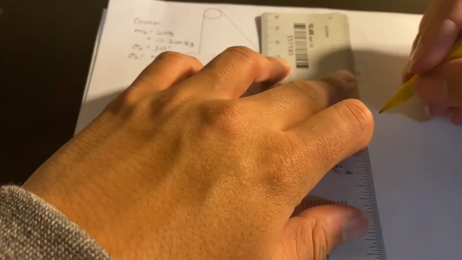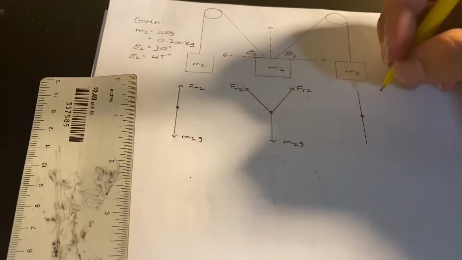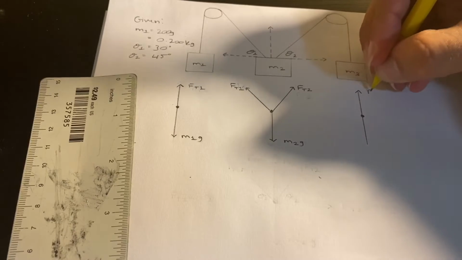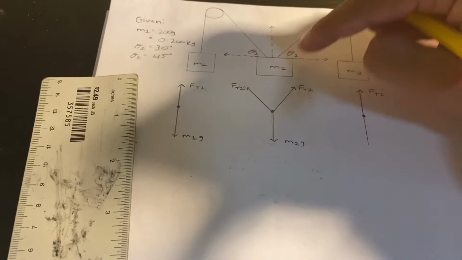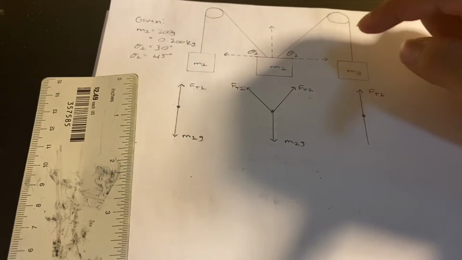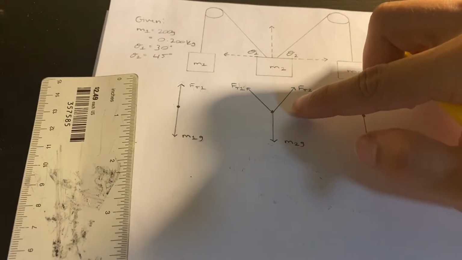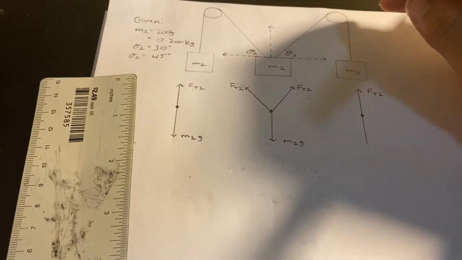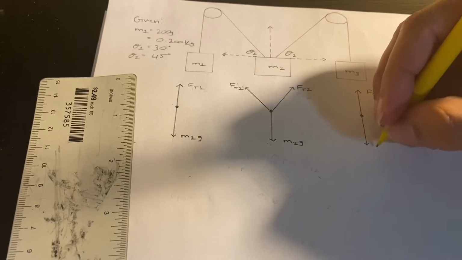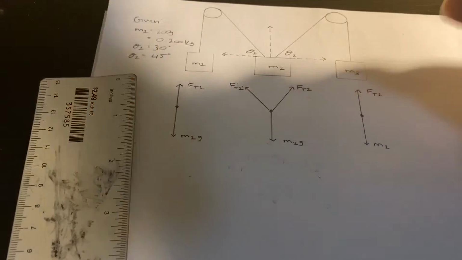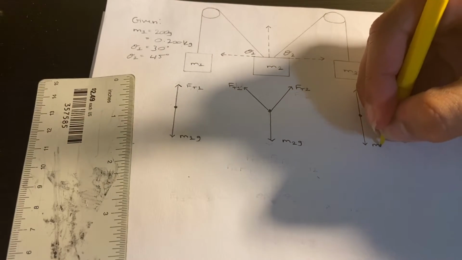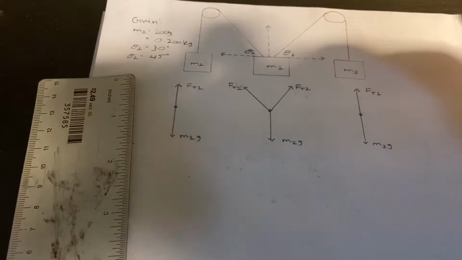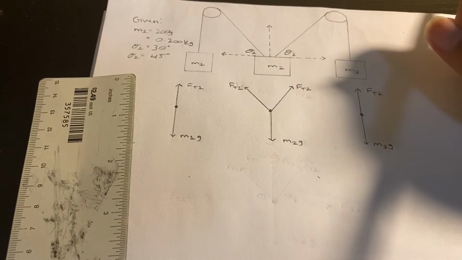So we'll draw two forces in the y direction, and the top force we'll label force tension 2, similar to the force tension 2 here, because the rope connecting mass 2 and mass 3 is the same and is acting basically the same as it is here, so it will be the same. And our gravity force will be M3G.